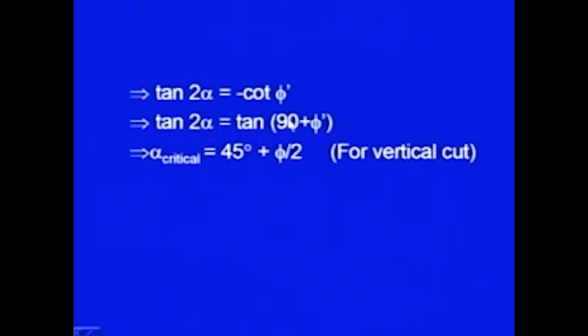So, 2 alpha is equal to 90 plus phi dash, and finally, I get the critical value of alpha equal to 45 degree plus phi dash by 2. Please remember, we have solved this for vertical cut. So, for vertical cut you can find out the critical value of alpha will be 45 plus phi dash by 2.